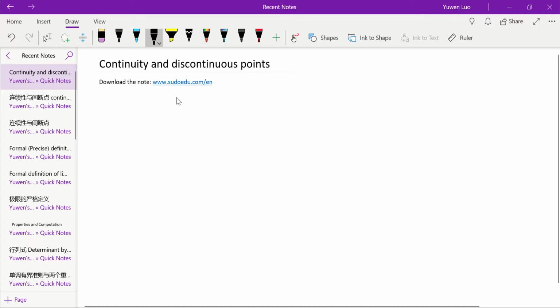Now let's study the continuity of a function. What is continuity? Or how can we say that a function is a continuous function?